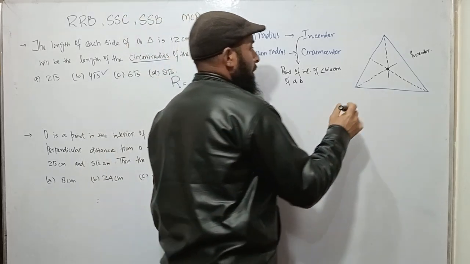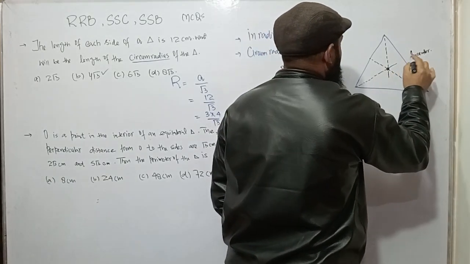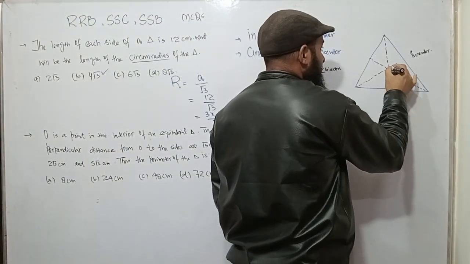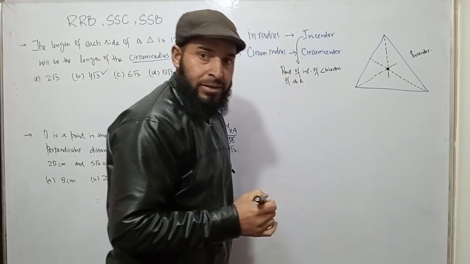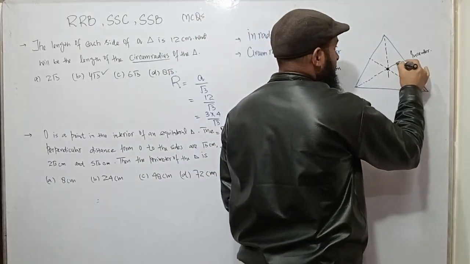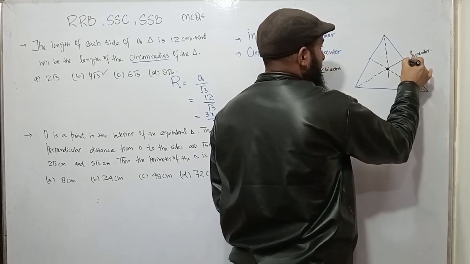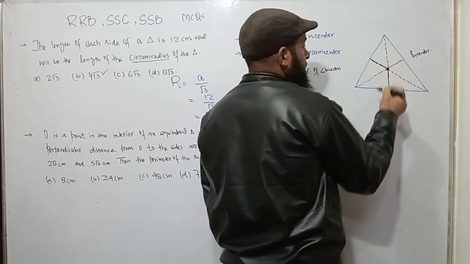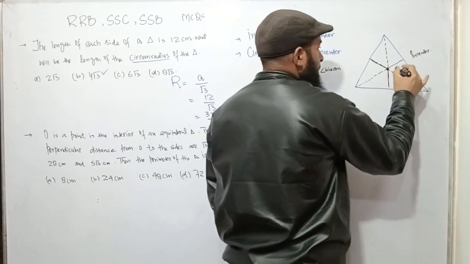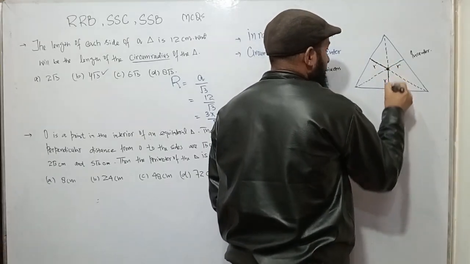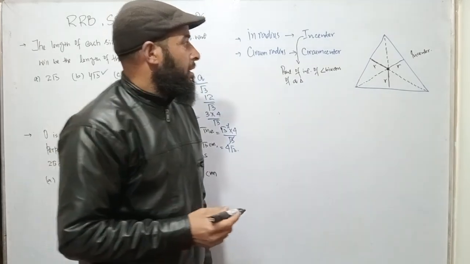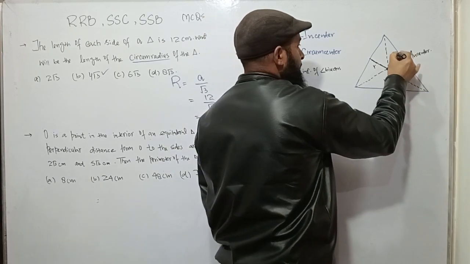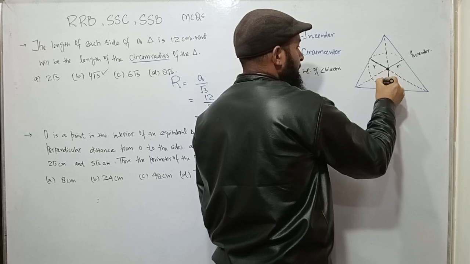See, इस वाली ट्रायंगल का जिसमें इनसेंटर दिया गया होता है, note that this incenter is equidistant from these sides. ये जो इनसेंटर होता है, it is equidistant from these sides. We can denote this by R. That means we can also draw a circle here, like this.